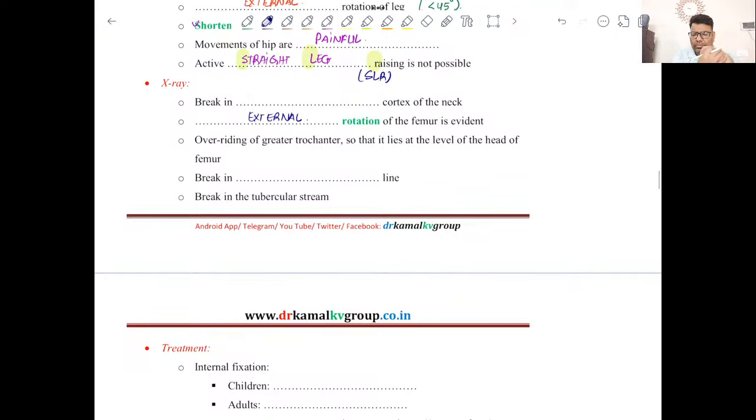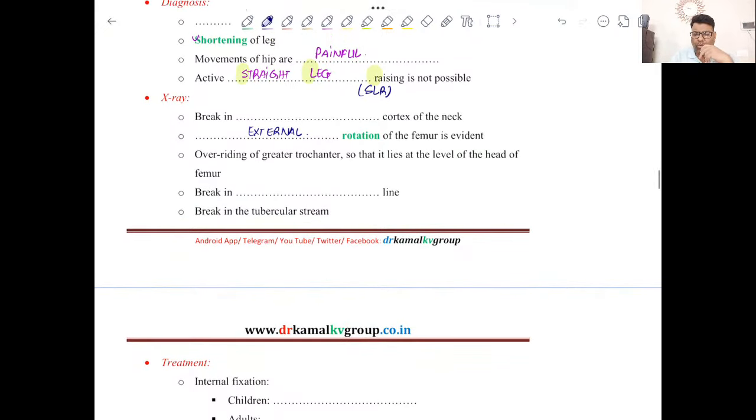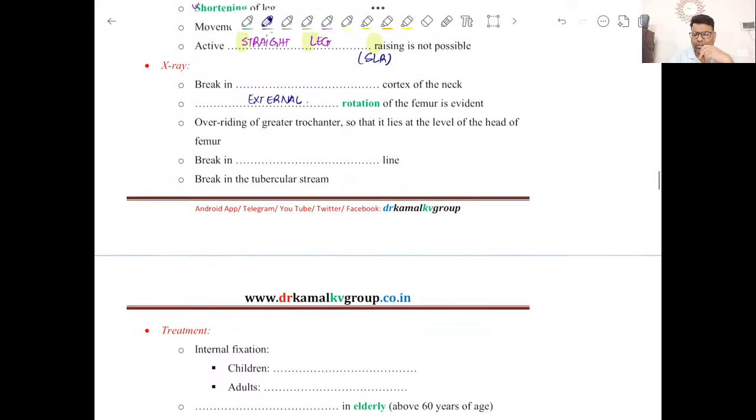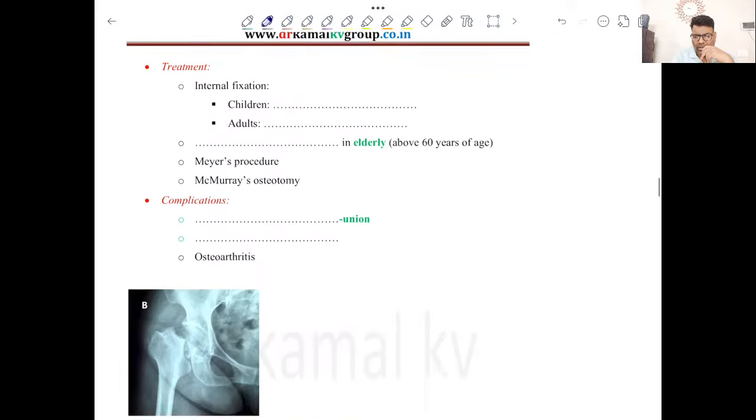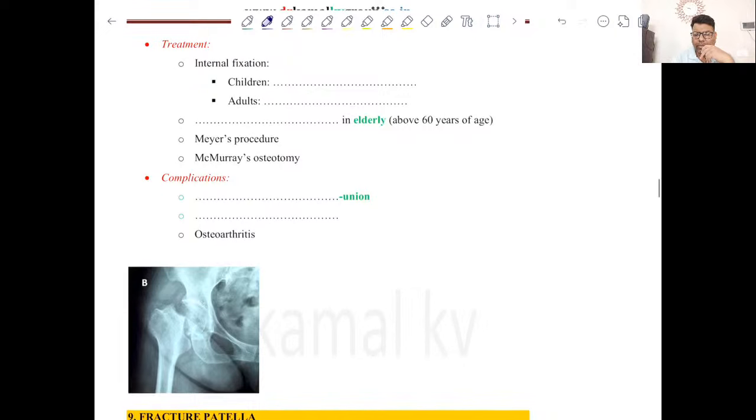And sometimes there is overriding of the greater trochanter. This is the greater trochanter, right? And this is the outline of the head of femur.